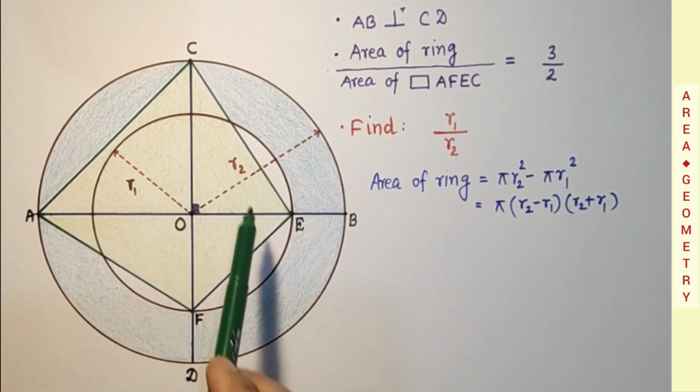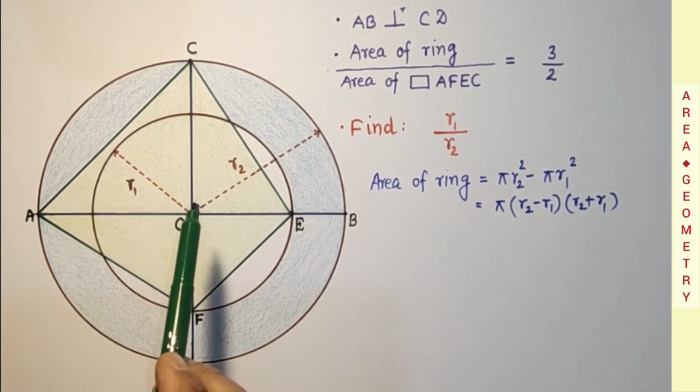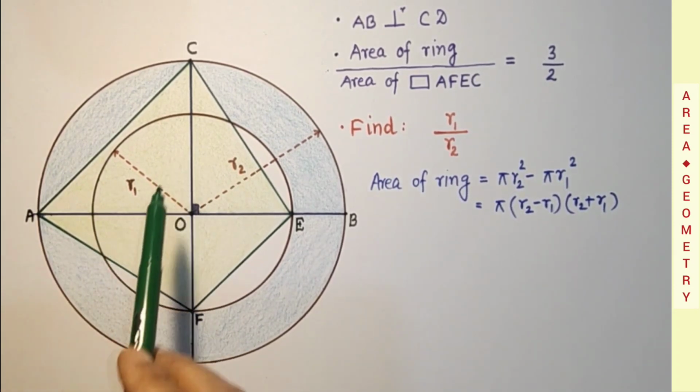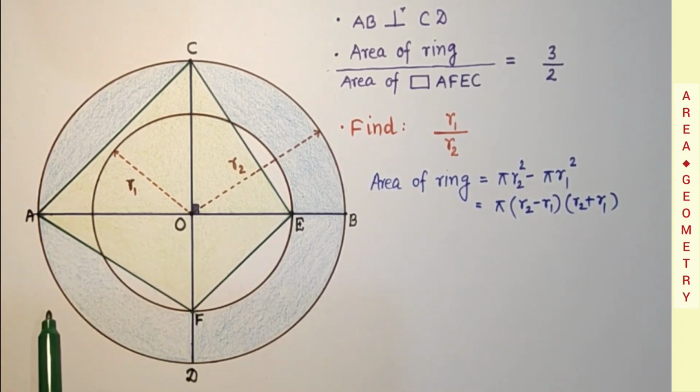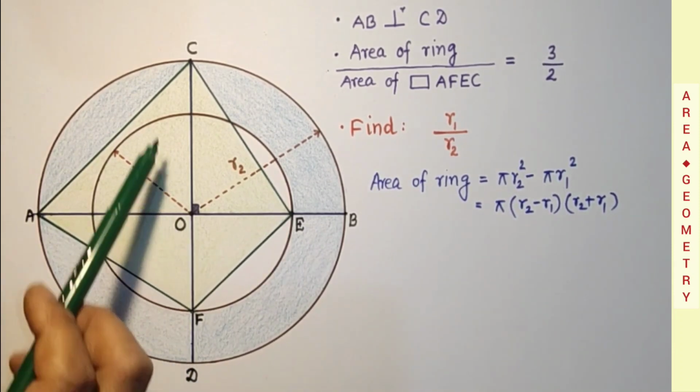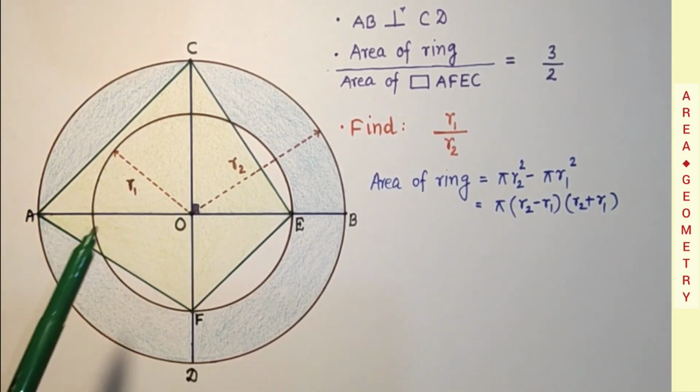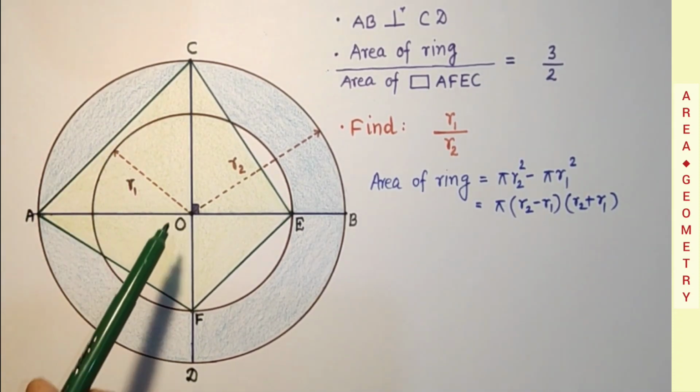So for the quadrilateral's area, the sum of the two triangles' areas will give us half into AE into OC plus OF, and OC is R2, OF is R1.